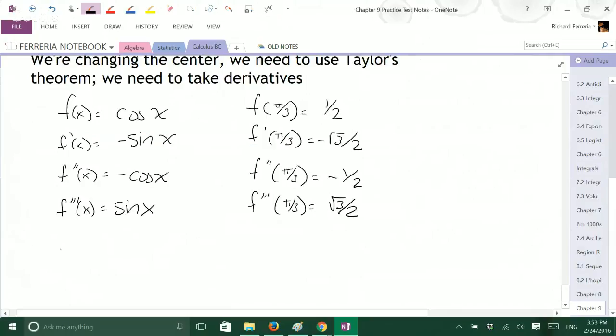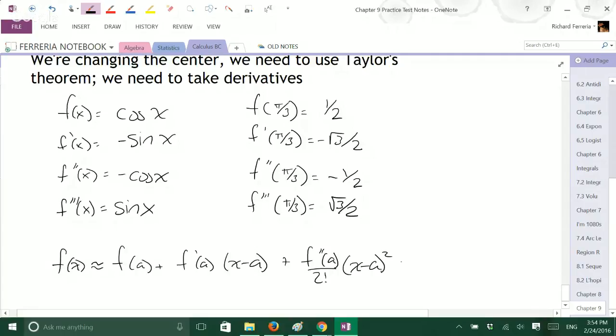Let's just write this down for a third-order polynomial. So f of x can be approximated by f of a plus f prime of a times (x minus a), plus f double prime of a over 2 factorial times (x minus a) squared, plus f triple prime of a over 3 factorial times (x minus a) cubed.